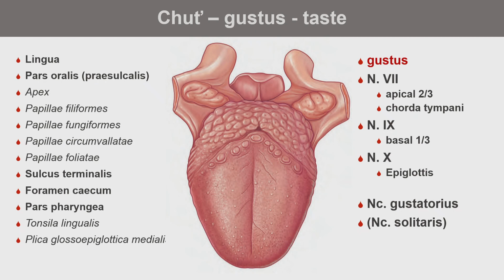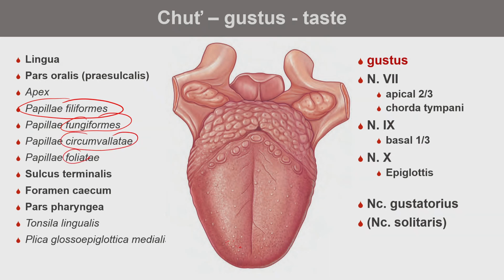So the chemical analysis is made by the stomodeal part and also pharyngeal part of our gastrointestinal tract, and we are able to taste according to the specialized cells which are in papillae, in papillary structures which are filiform, fungiform, circumvallate, foliate.